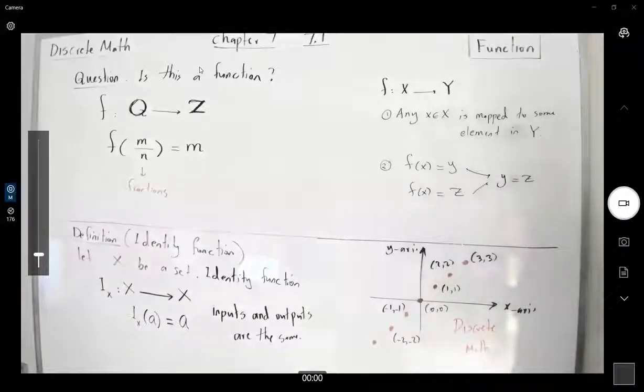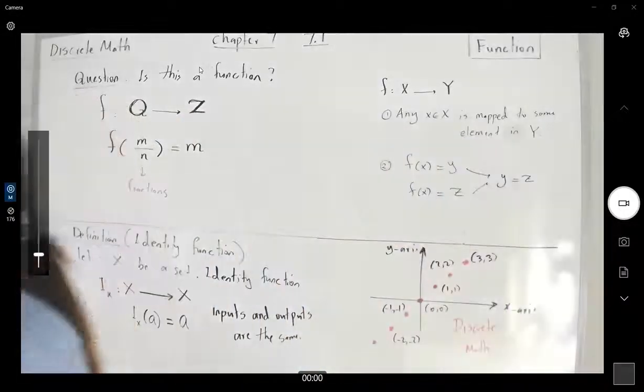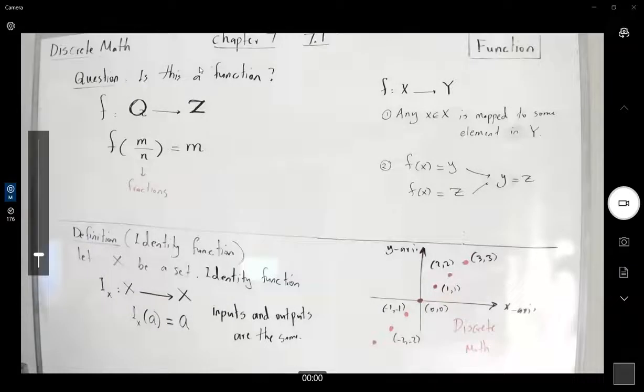Okay. Well, f(x) is equal to y, f(x) is equal to z. Okay, y is equal to z. So what's wrong here? Is the second condition met?